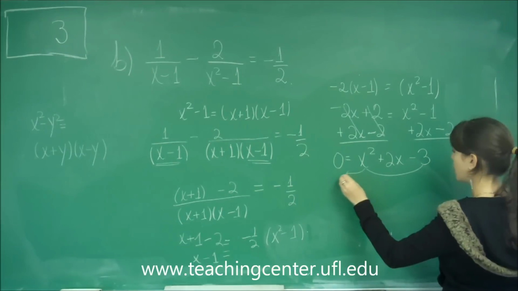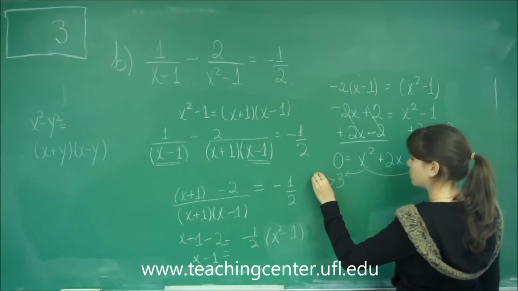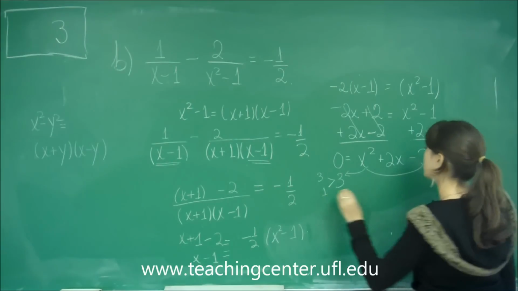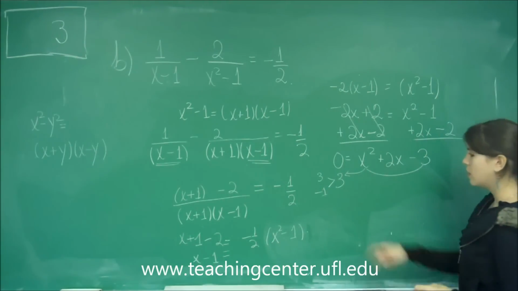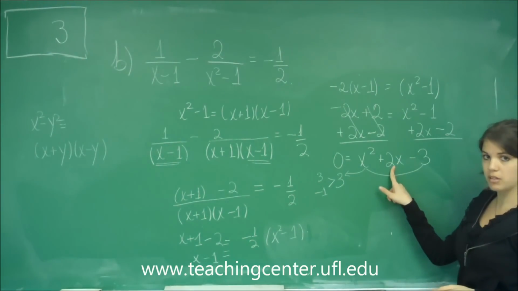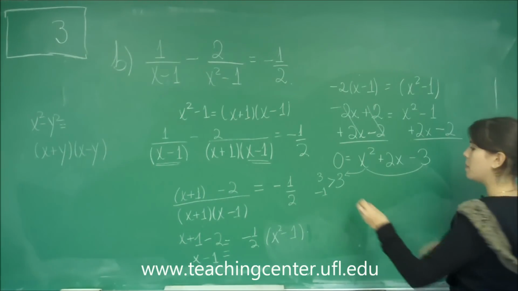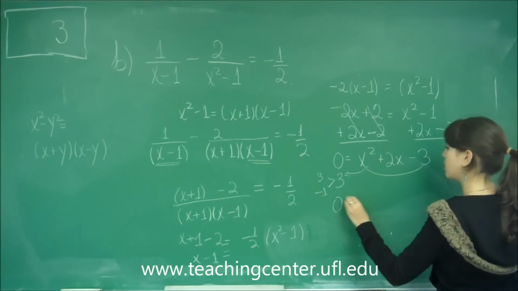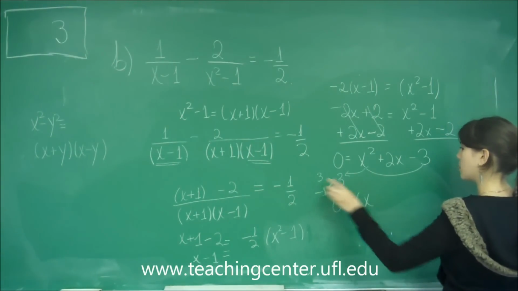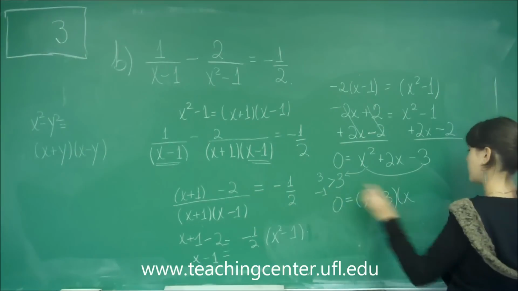3 times 1 is 3. And then we could do 3 times 1 with a negative 1, which, if we add these two together, gives me positive 2. If we multiply them, it gives me negative 3. And that's what we want. So we have 0 equals x plus 3, x minus 1.